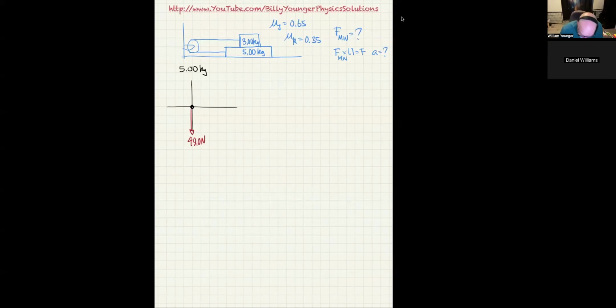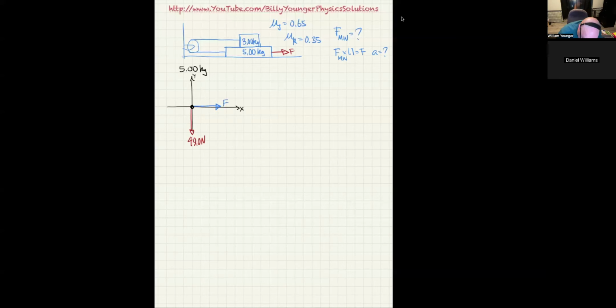Oh yeah, I forgot to draw where the force was applied. That might be helpful. So I'm going to say the force is this way. So with this in mind, we also have a force pointing to the right. The way I have this drawn, this right direction appears to be the positive direction. So I'll put F right here.